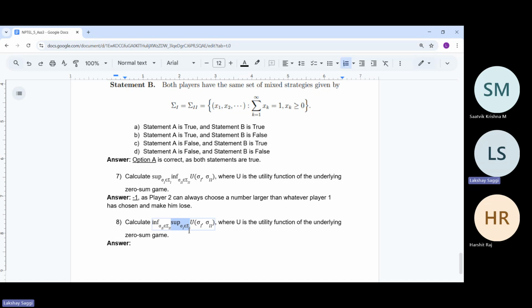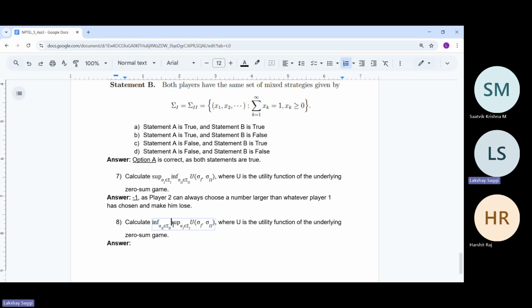So this supremum is, first here player two is choosing something, right? And now it is the turn of player one to choose something, and since player one wants to maximize this utility function, player one will choose something essentially greater than whatever player two chose.